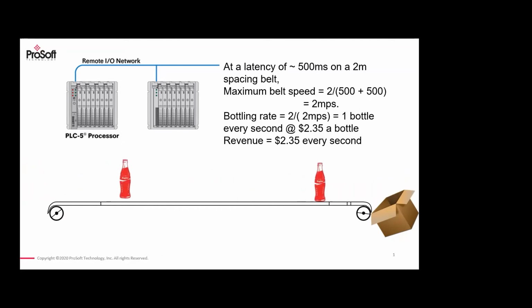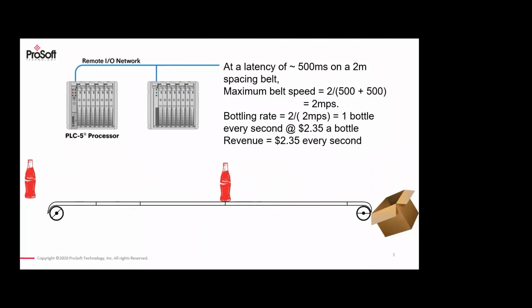And if your bottle spacing is 2 meters, you can only cap one bottle at a time, or one bottle every second. Now let's assume that the revenue from this process is $2.35 per bottle. It means that system can make $2.35 every second in revenue, which are not bad numbers.